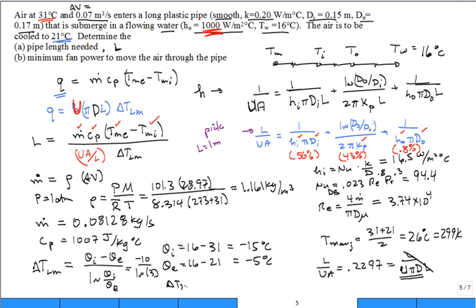So the delta T log mean comes in at negative 9.1 degrees C.